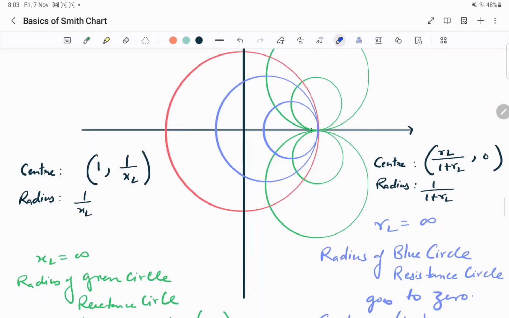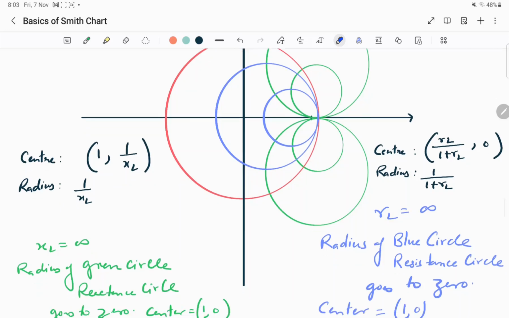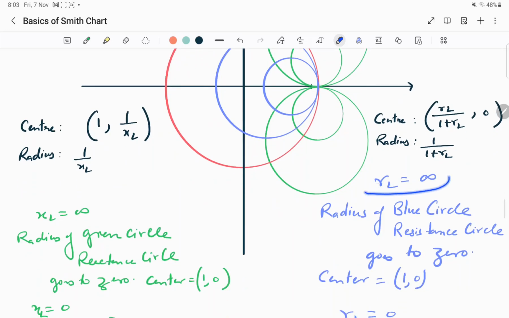That means these circles, which represent the resistance circle, that is the blue color circle, when the radius of these circles becomes so small that it becomes 0, or you can just call it a point, then that represents that the load resistance is infinite.